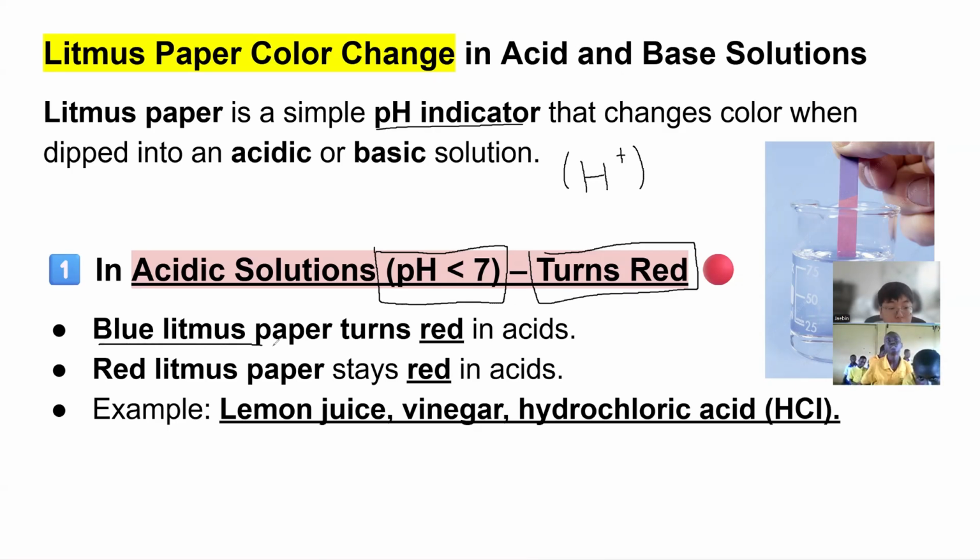So blue litmus paper turns red in acids. If you dip a red litmus paper, it stays red in the acid. Examples of acids are lemon juice, vinegar, and hydrochloric acid. There are a lot of different kinds of acids, but these are examples.